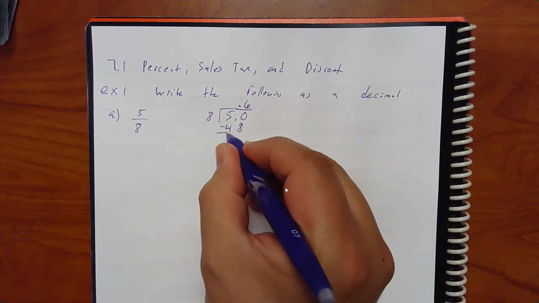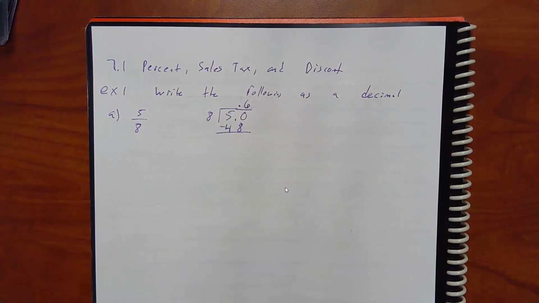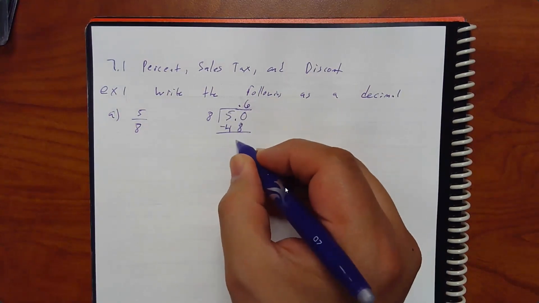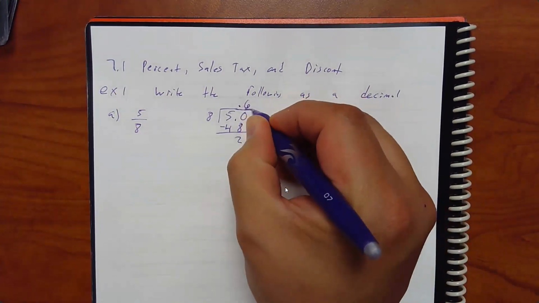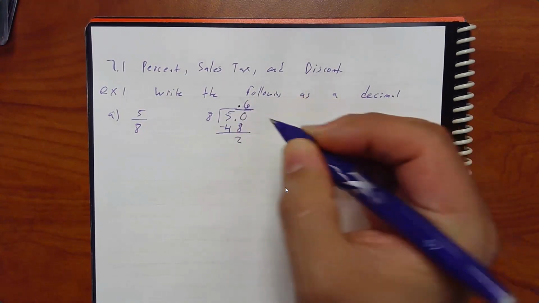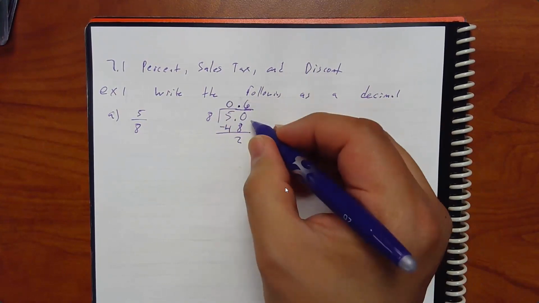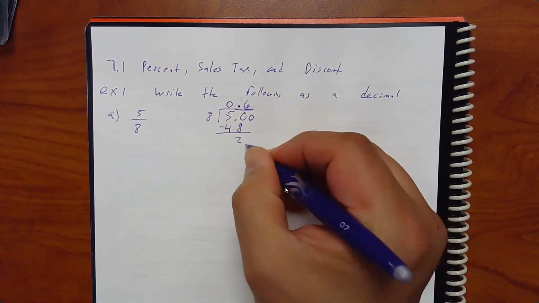There we go. So subtract and you get 2. Since I started after the decimal, it'll go right here. There's really 0.6. I go again, add another 0, bring it down.